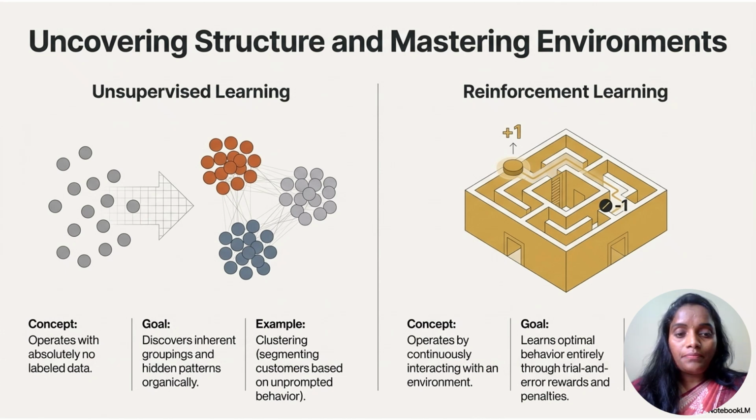We can see the samples are divided into clusters which have similar behavior. In the case of reinforcement learning, it is mainly used in games so that it learns things from the environment, and it gives rewards and penalties so that it learns the behavior.